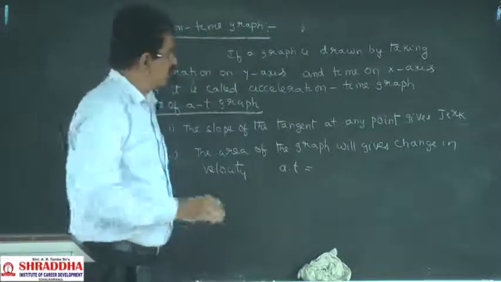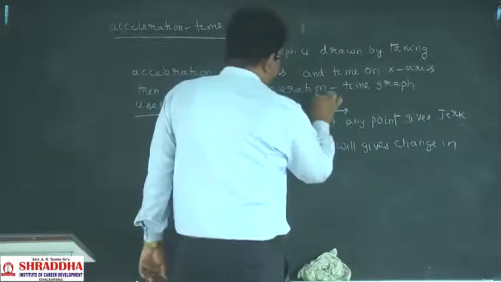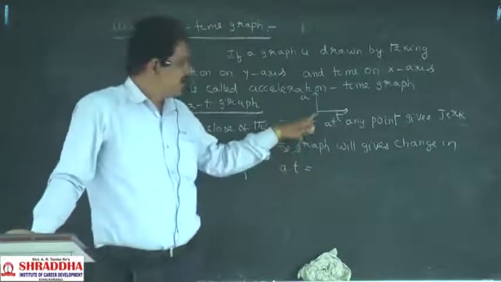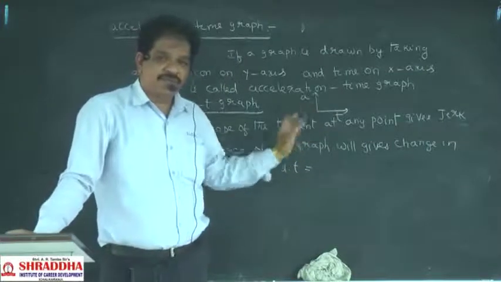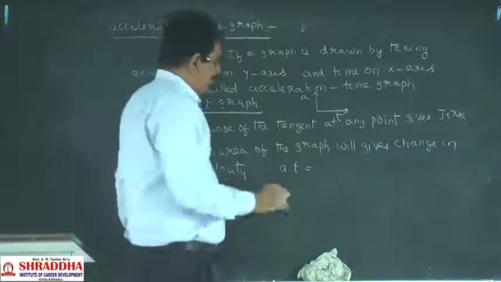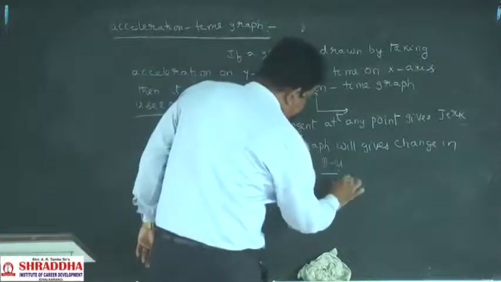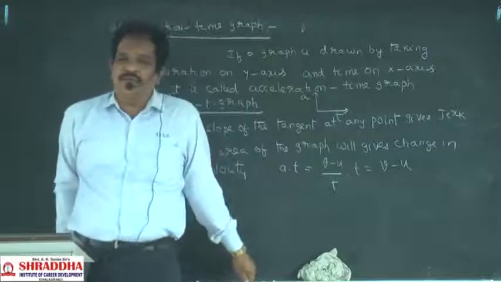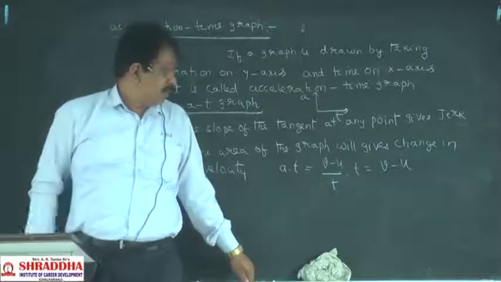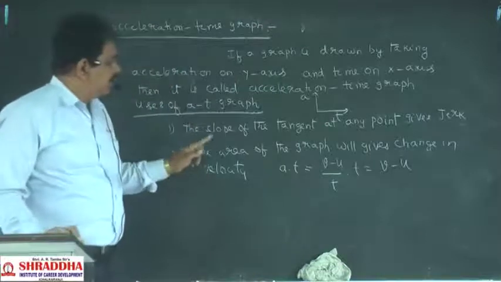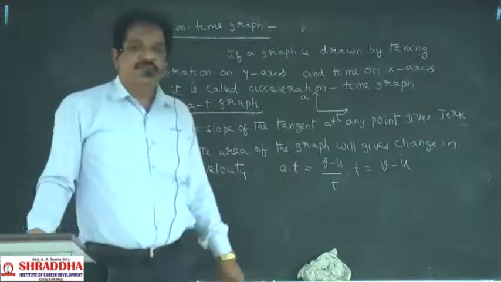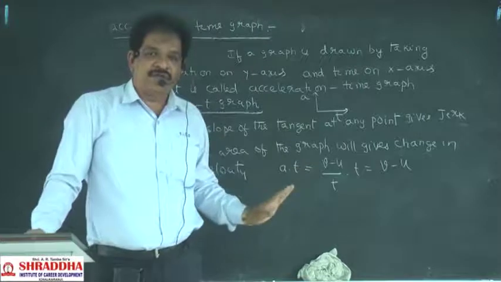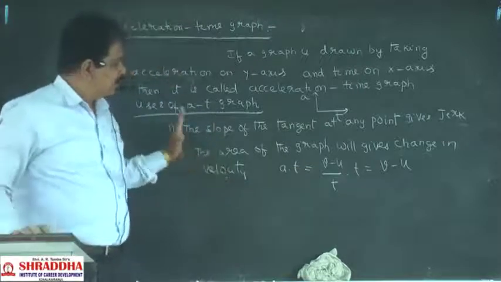Here we take acceleration values on the y-axis, time values on the x-axis. A into t, this value v minus u by t into t, that value is equal to v minus u. So, the area of the graph will give change in velocity. Okay. Shapes of the graphs are not required for this. Just remember up to this.